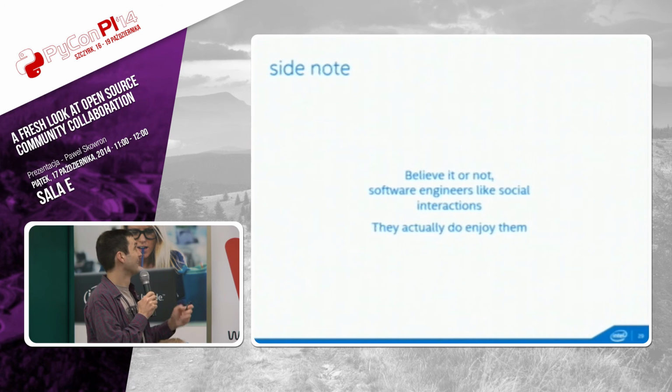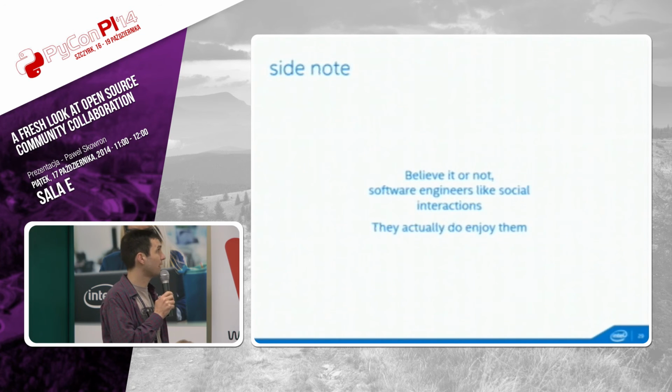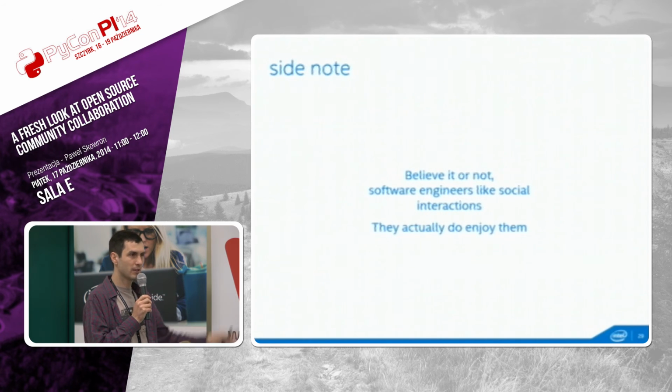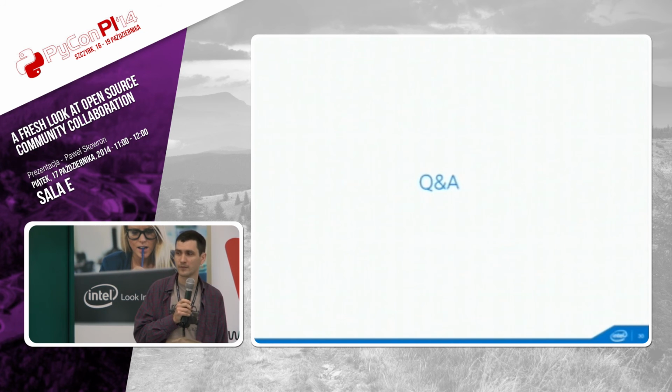But I believe this is completely not true, and at least some of us really enjoy the fact that we can collaborate with other people. And not only because we did a great job from the technical point of view, but we could also collaborate with other people. Okay, so thank you very much, and I would be more than happy to answer any questions you may have.